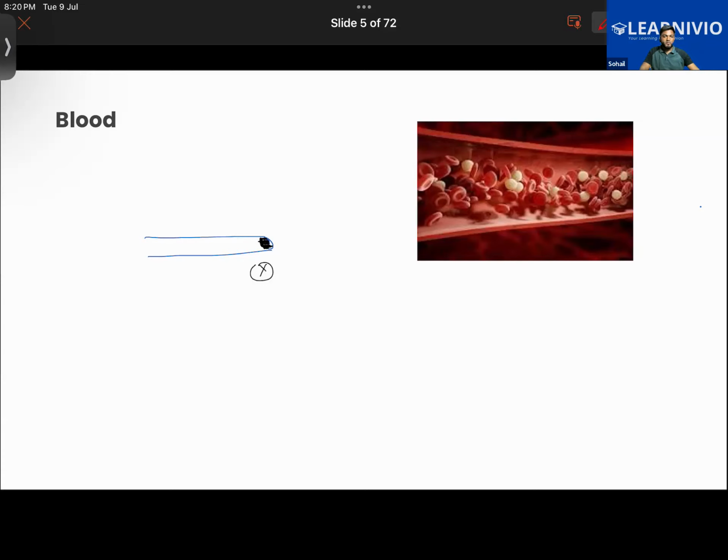Then do tell me, what is the normal body temperature of the human body in degrees Fahrenheit? 98.6. Very good. 98.6 degrees Fahrenheit.